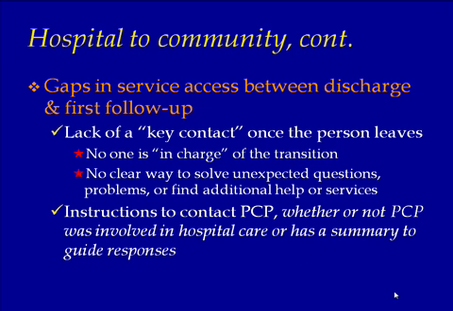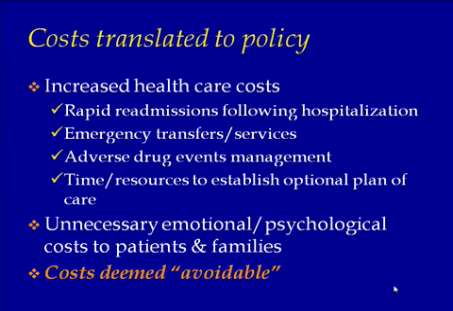So there's a lot that goes on in all of these arenas that translate into costs. So there are lots of costs associated with rapid readmission, and that's been a very hot topic. And use of emergency services that could have been avoided, and adverse drug events that are costing us tons of money.